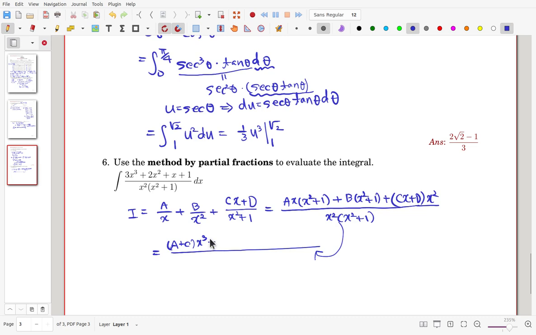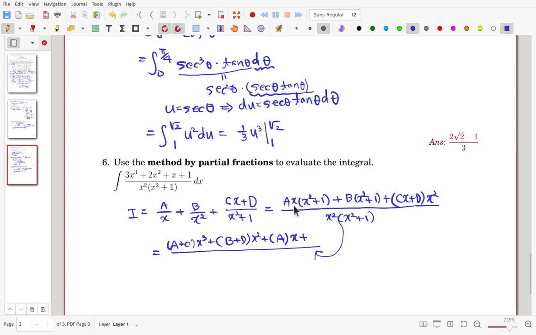And then how about x squared? None from the first one. We have B here, and from the last one we have D. How about the x term, the coefficient of x? From the first one we have A, from the second one none, and for the last one none. How about the constant?